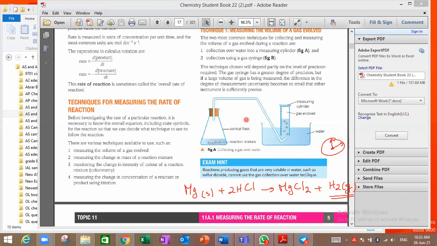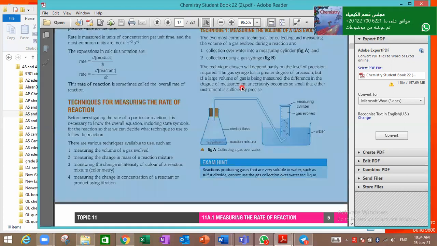We have to use a gas syringe instead of this part. So the tube will be connected to a gas syringe. If it is soluble, we cannot use this method. So as I told you, it depends upon the reaction itself.